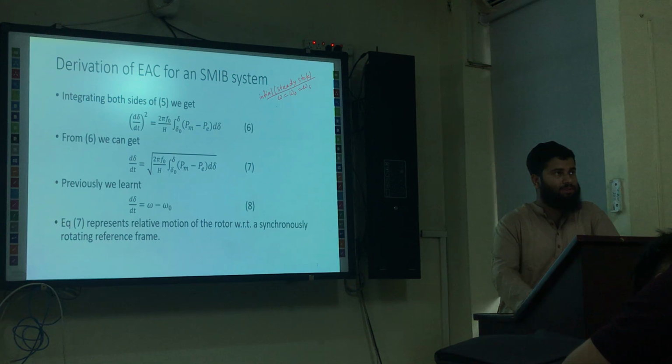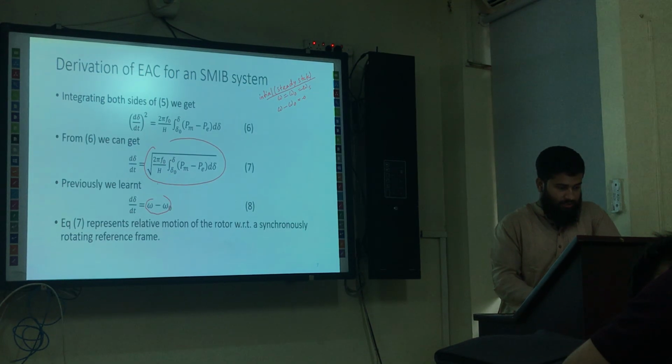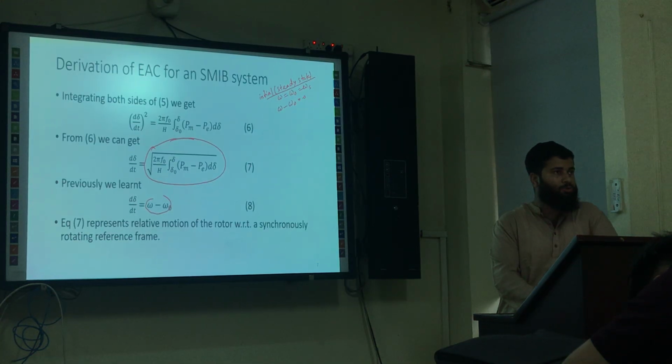So in this stage, what will be the relative motion? It will be 0, right? So if this is 0, this and this is equal to this, right? So this term should also be 0. After squaring both sides, we can remove this square root term, right? Also we can remove this constant term, so only this term will remain.